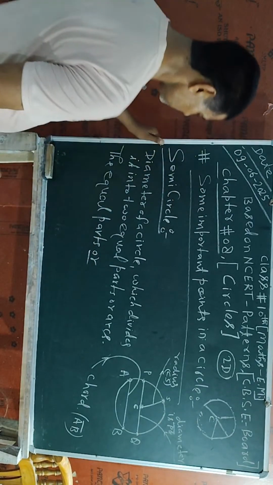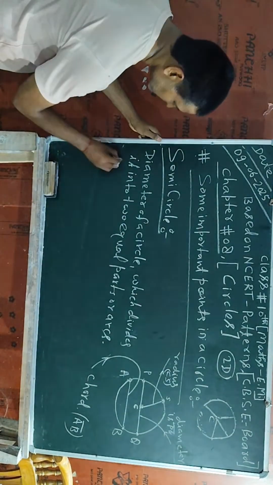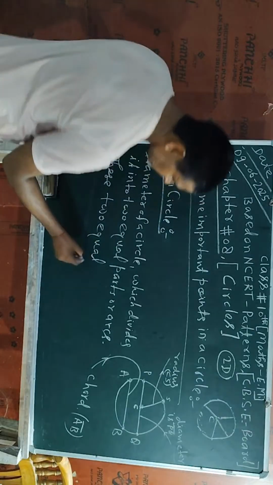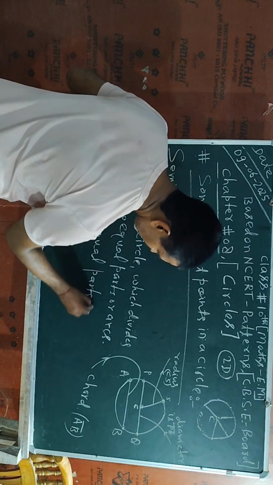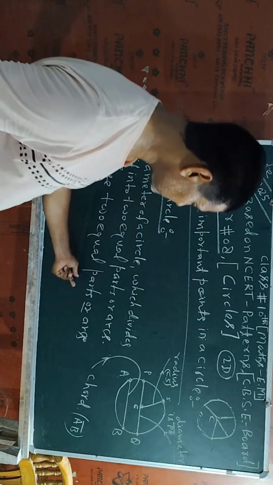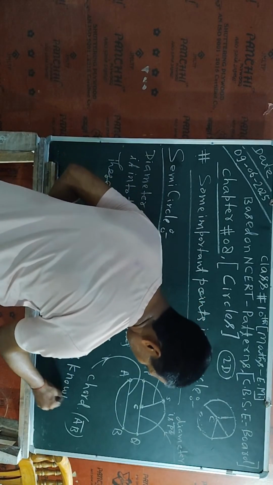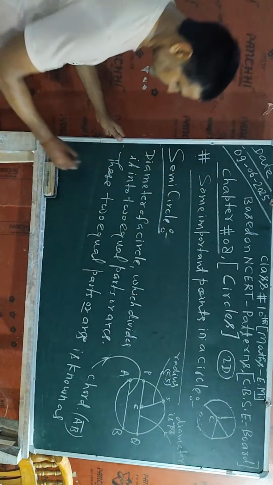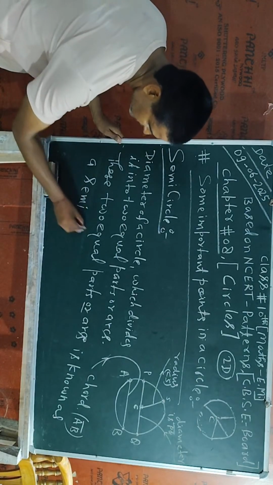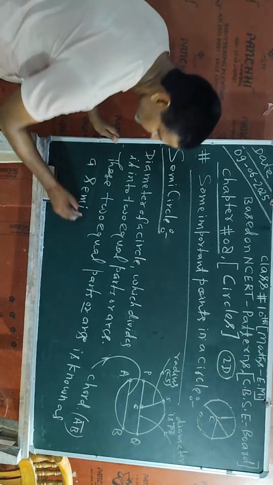These two equal parts, or arcs, are known as semicircles.